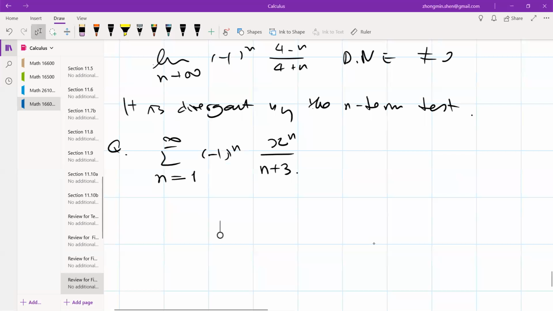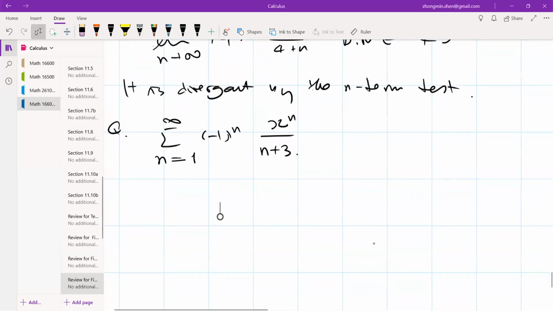So you have to determine the radius of convergence, and so this is a whole term, it's a_n. When you start, you have to put the absolute value. Okay, and after you simplify, ignore the negative sign.